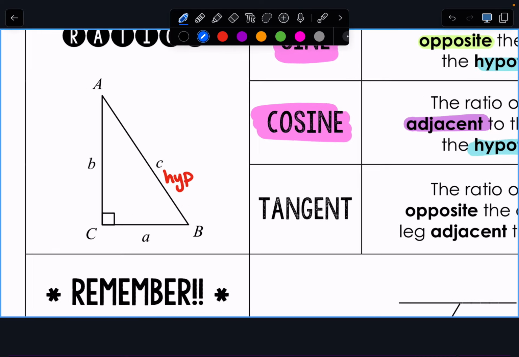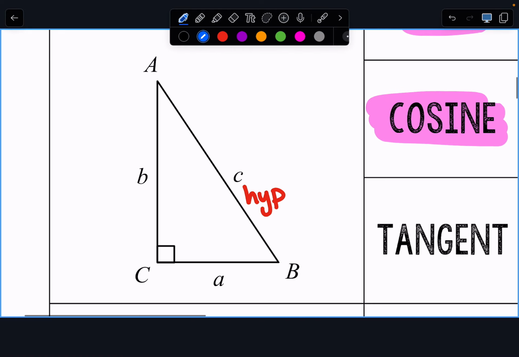Okay, so if I look at angle A right here, which side is adjacent to angle A? If I'm going to write the cosine ratio of angle A, we would write side B over side C, adjacent over hypotenuse.